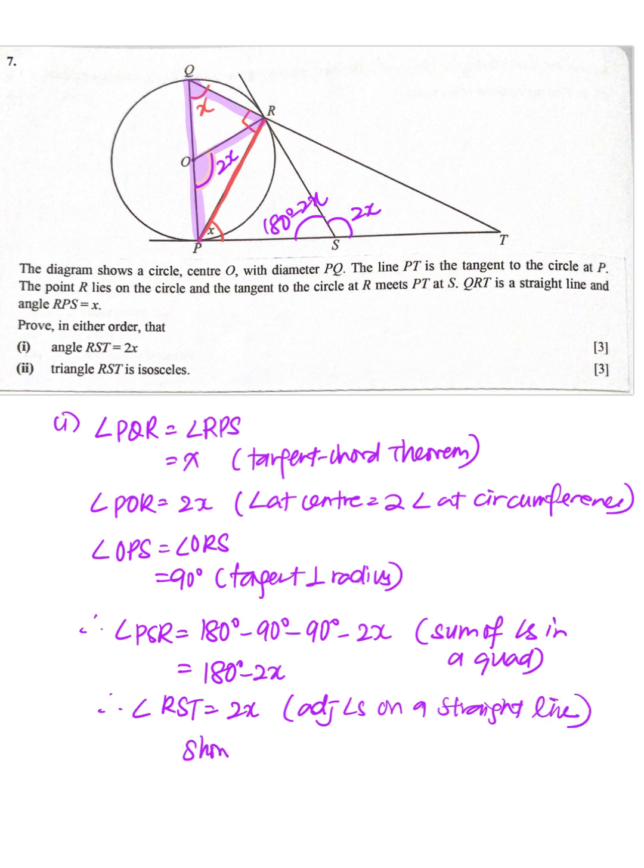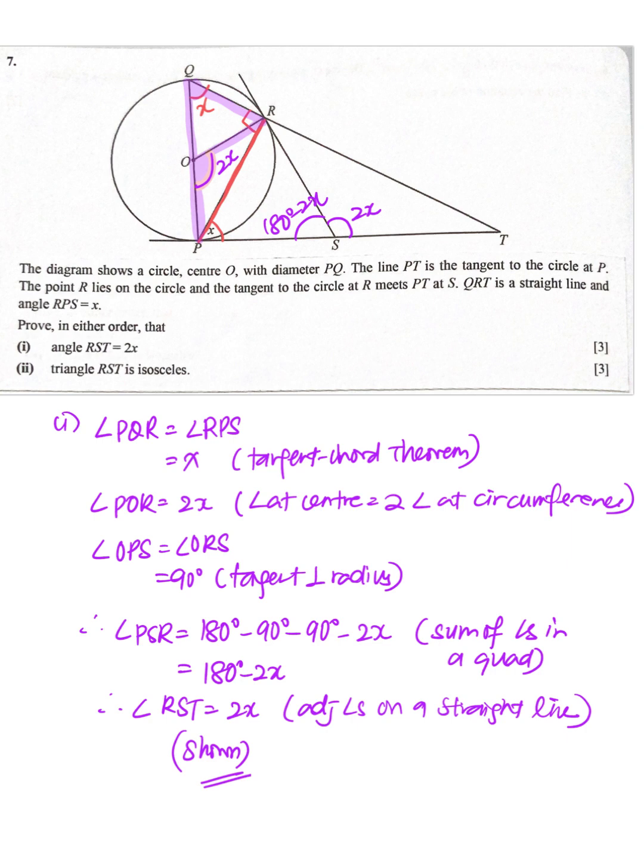Shown. Easily done. So part 2, prove that triangle RST is isosceles, which means that I need to prove that angle R is equal to angle T.